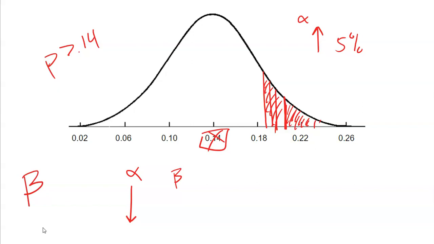And then if I say, well, okay, I don't want type 2 error, so I'm going to increase my alpha, giving me a higher rejection area, which is going to cause me to be less likely to make a type 2 error, then I'm actually more likely to make a type 1 error now.